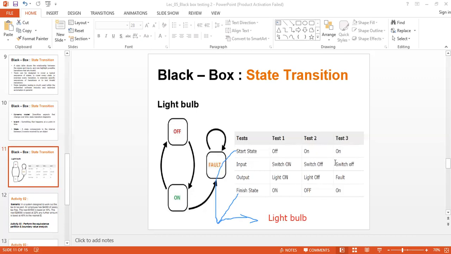So we know අපි switch එක off කරොත් light එක off වෙනවා පොතේ හැටියට. According to the test 2, that is happening. But due to some sort of fault, switch එක off කරත් bulb එක on එකේමයි තියෙන්නේ. So in that case, yeah, there is a fault.